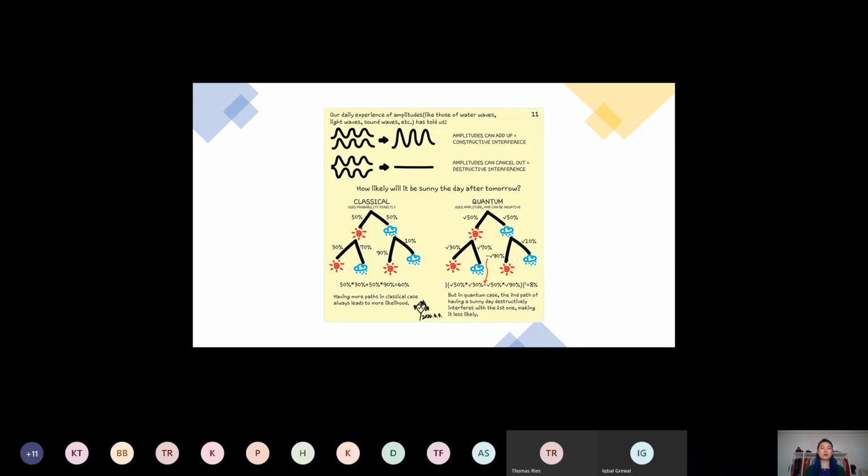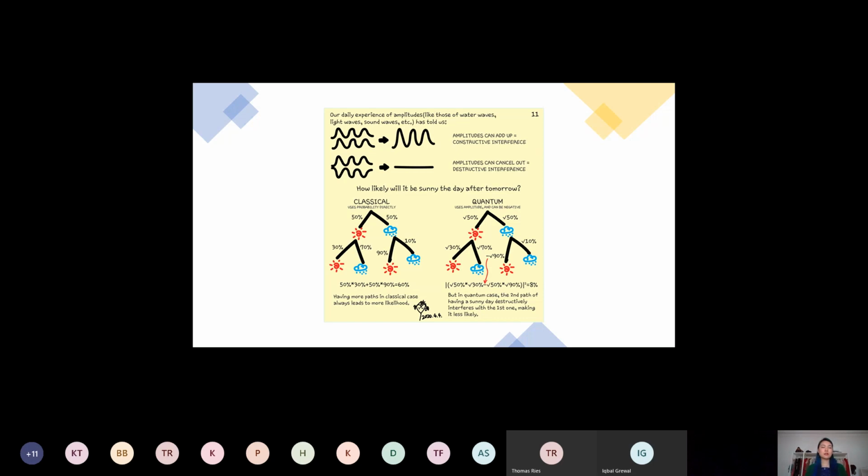If we ask a probability question, what is the likelihood of getting sunny weather the day after tomorrow? If you describe this question and try to get the answer using this tree diagram, which we learned when we were kids, what's the probability of being sunny or raining? Say we have a 50-50 chance of getting either. And then going to the next branch, it could have another split.